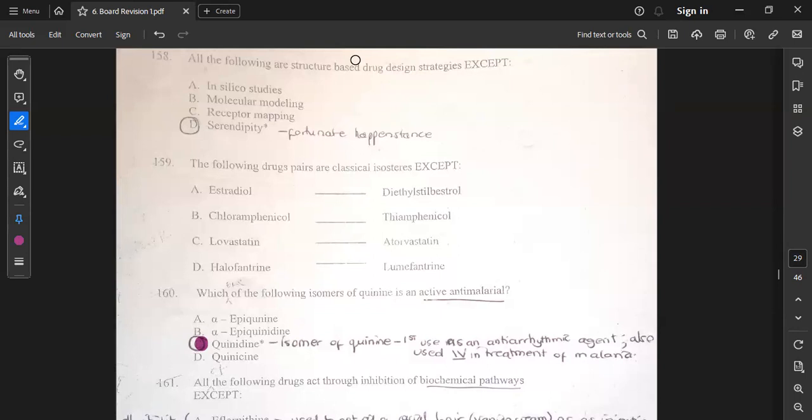Let me volunteer Baraza. Can you take us through a brief summary of the life cycle of Plasmodium?